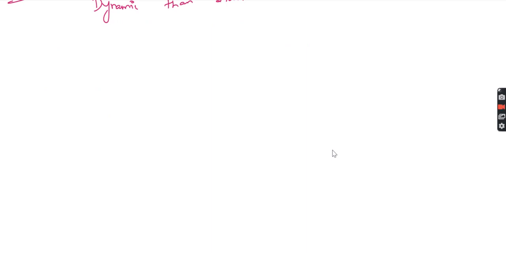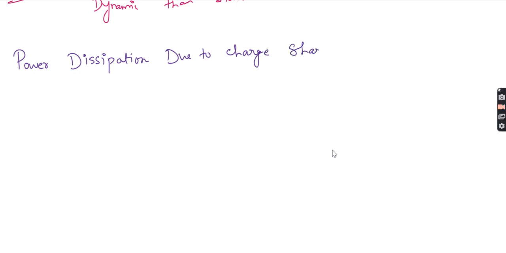Okay, so now next we are entering into the important thing, the power dissipation. Power dissipation due to charge sharing.